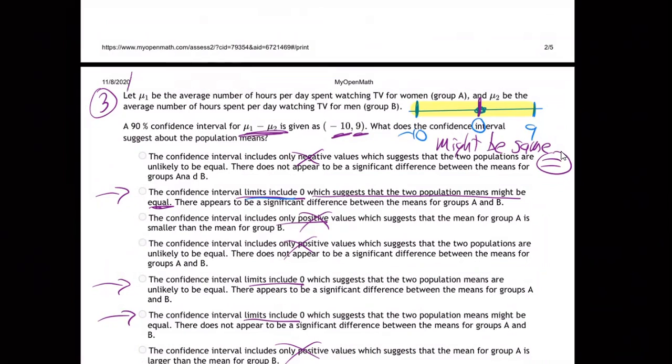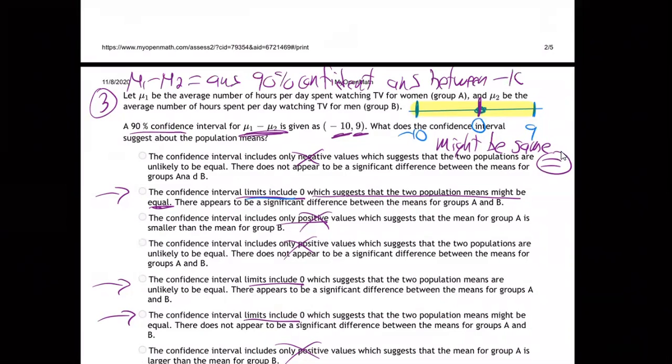We're subtracting 2 things, mu1 minus mu2, and we're getting an answer, and we're saying we're 95%, or 90, I always do 95. We are 90% confident that the answer is between what? Negative 10 and positive 9, right?